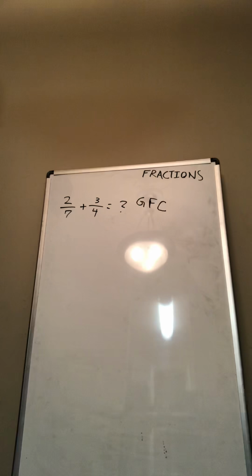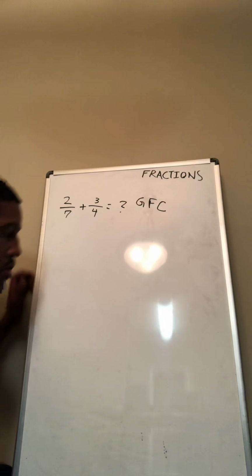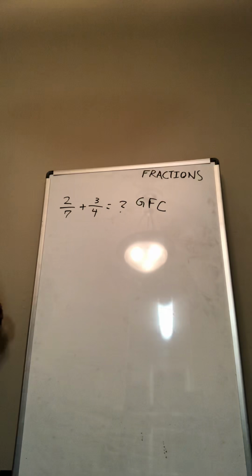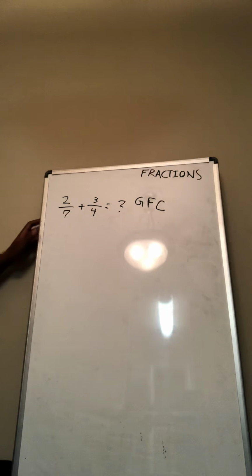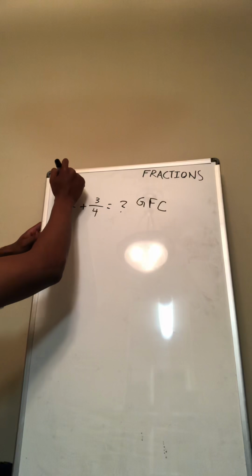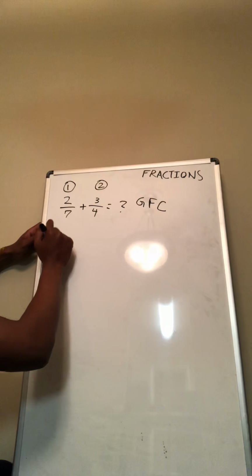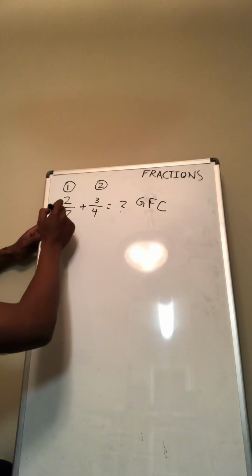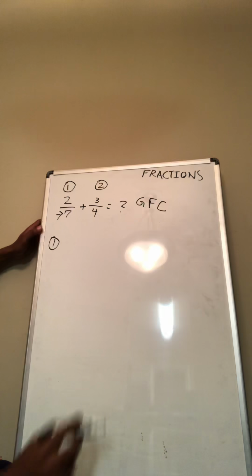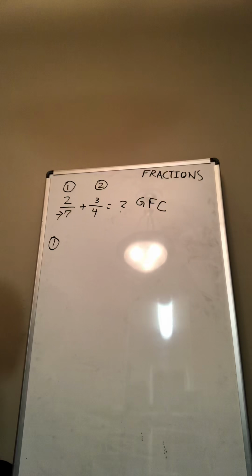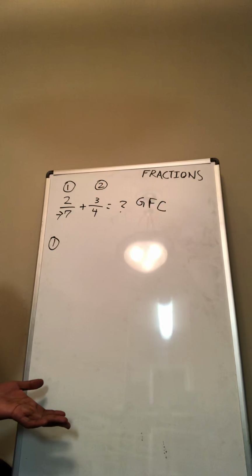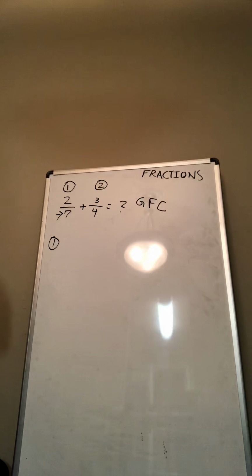So the greatest common factor is when you take the factors of each of the two denominators and you find which one is the common one. We're solving for the factors of the denominators, because the denominators are the only part that have to be the same. So as a matter of fact, let's write that down.